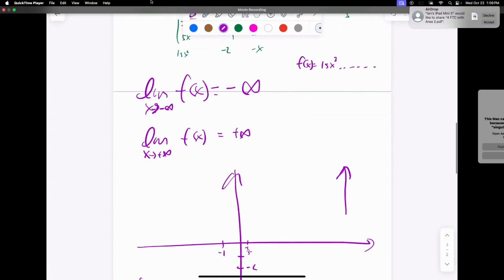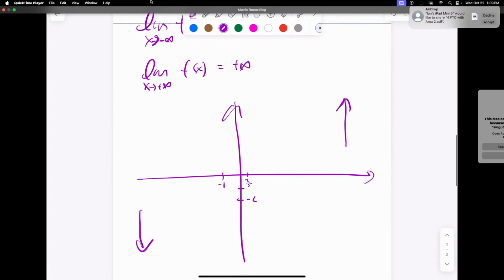And -1/3, so it's going to be right here. So the graph is going to go through all the points. This side is going to go down, come back up, go back down, and go back up. And there you go. That's your graph.